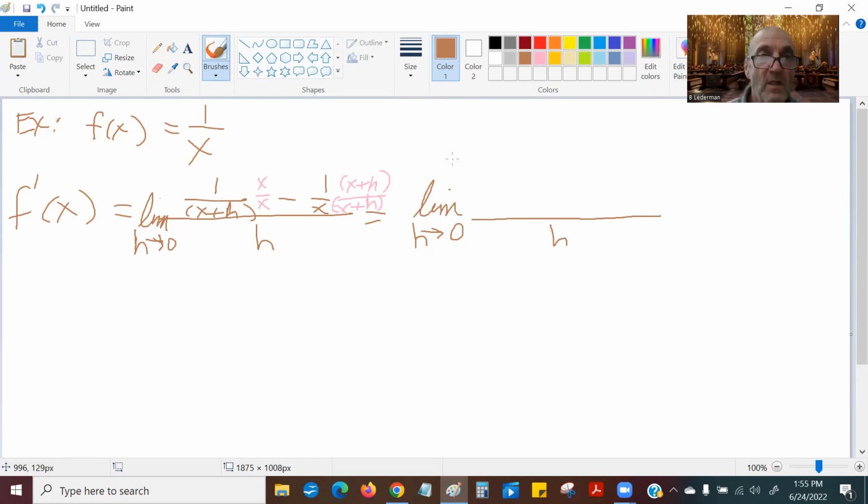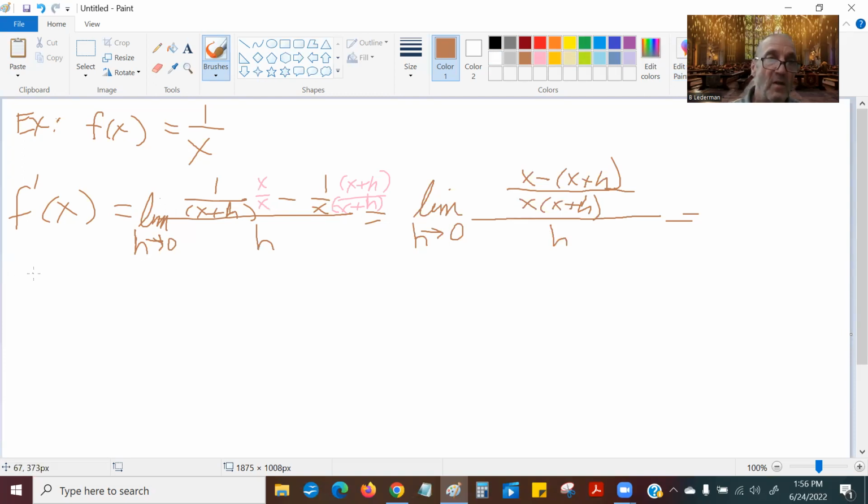So what I have here is x plus h as my common denominator, and I have x minus x plus h as my numerator. And this is equal to, I can sort of combine this. You see, I have a fraction over an h. So basically this h winds up going onto the bottom of that fraction.